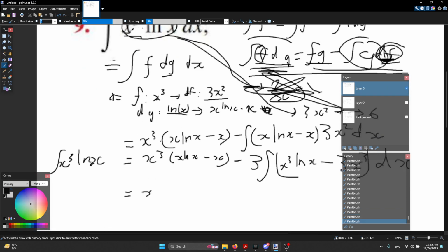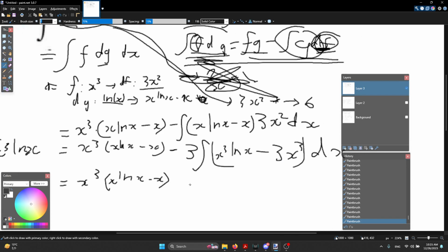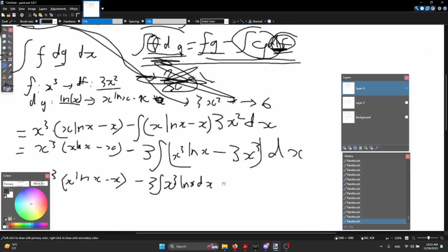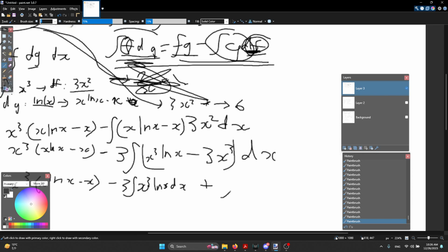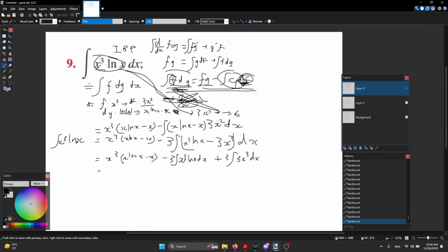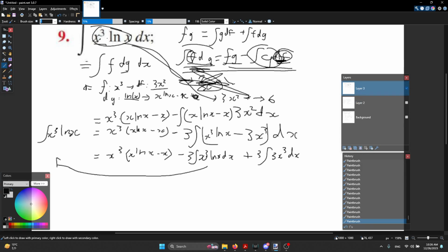So x cubed times x natural log of x minus x minus 3 integral of x cubed natural log of x dx minus, right? Oh no, not minus, because minus is plus. So plus 3x cubed dx.